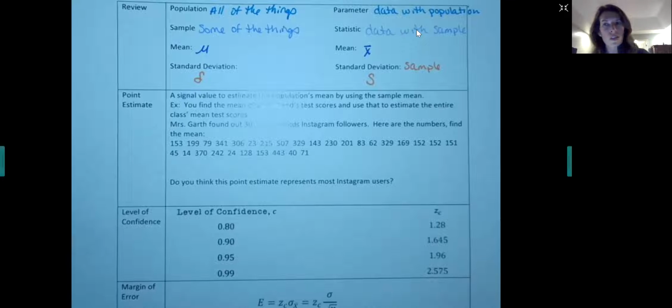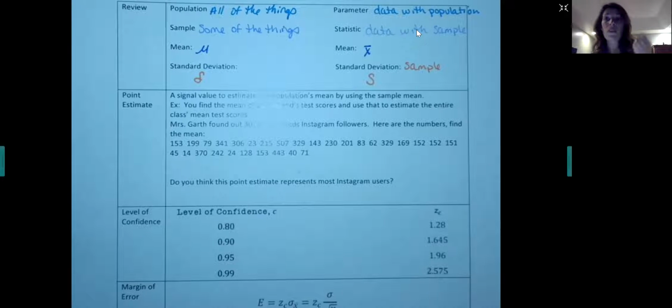So what you're going to try to do is get a good sample of that and then estimate based on that sample. That's what we're doing today. So our point estimate is using that sample information and finding the mean from that. So here it says that a point estimate is a single value to estimate the population's mean by using the sample mean. That's what we're going to try to do.